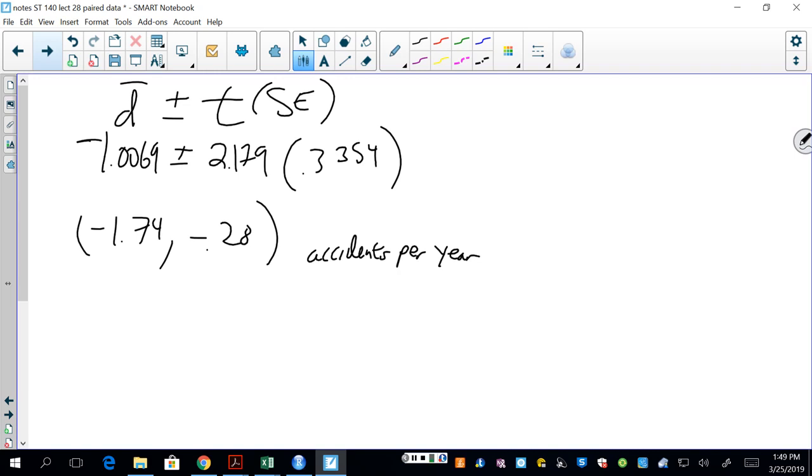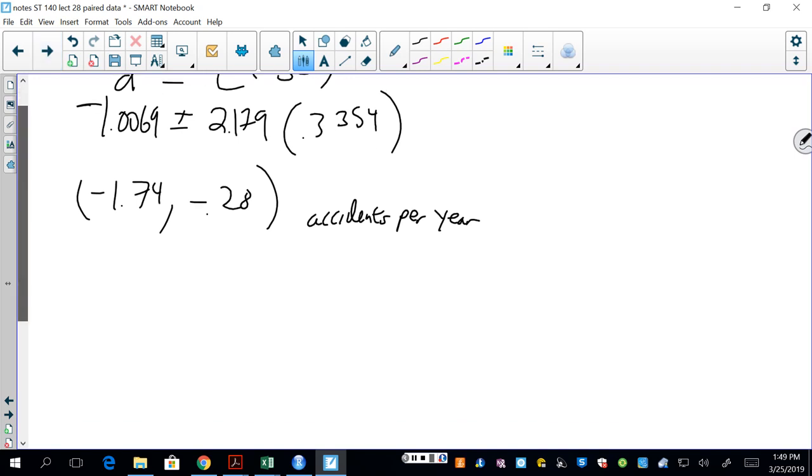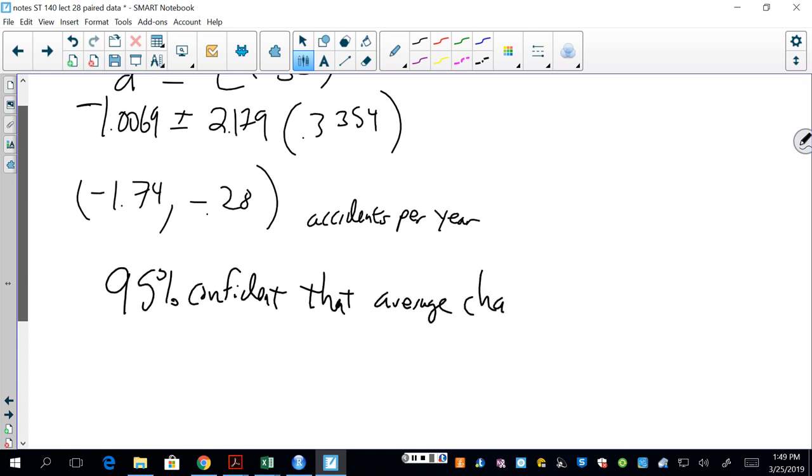And that's good. Are we sure that the red lights caused this decrease? With this 95%, we can say we're definitely 95% confident that the average change is in this interval.